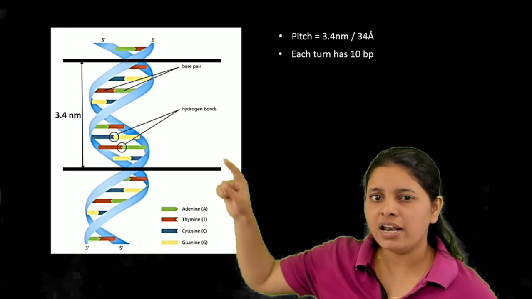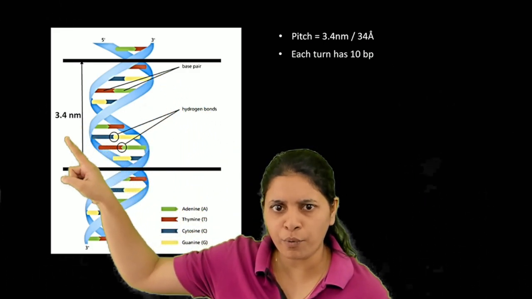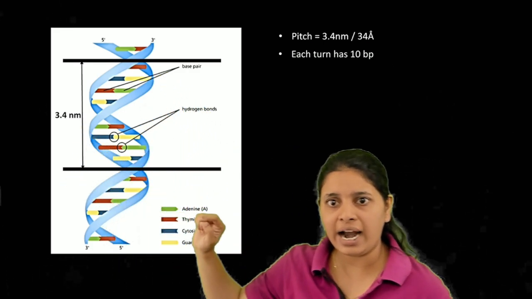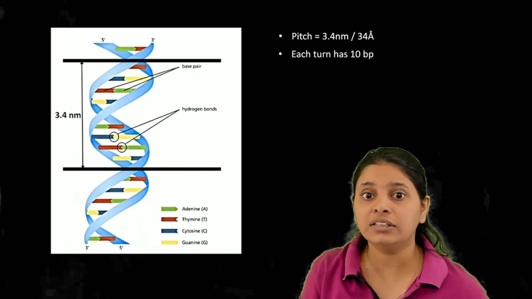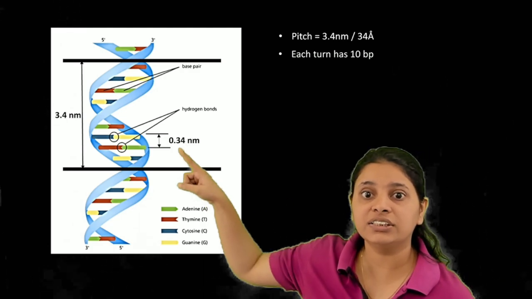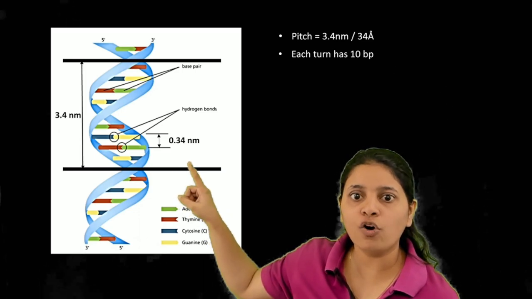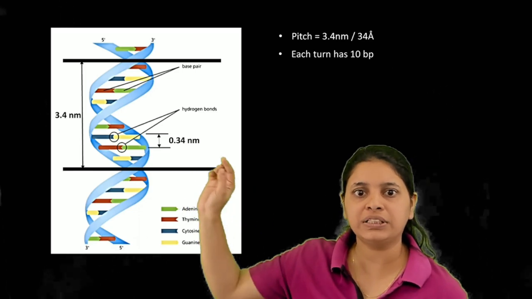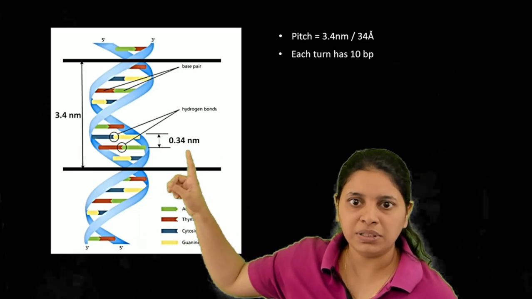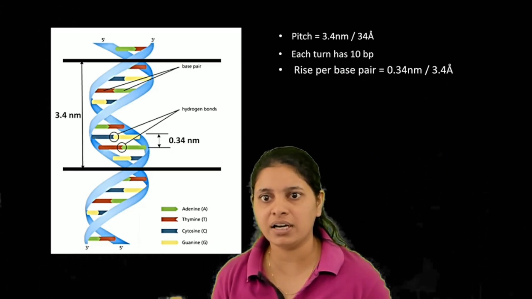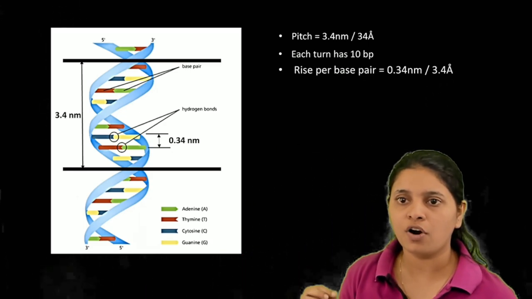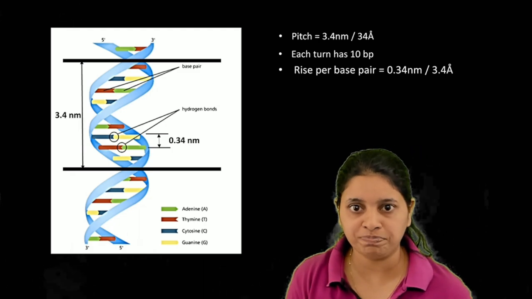So if the length of one turn is 3.4 nanometer and it has 10 base pairs, we can easily calculate the distance between adjacent base pairs, which is 0.34 nanometer. Simply 3.4 divided by 10 will be 0.34 nanometer. So the rise per base pair is 0.34 nanometer or 3.4 angstrom.